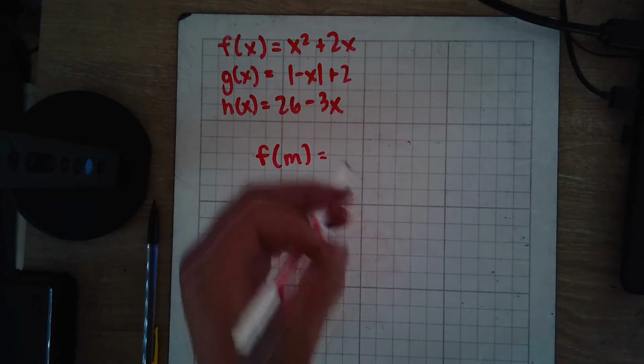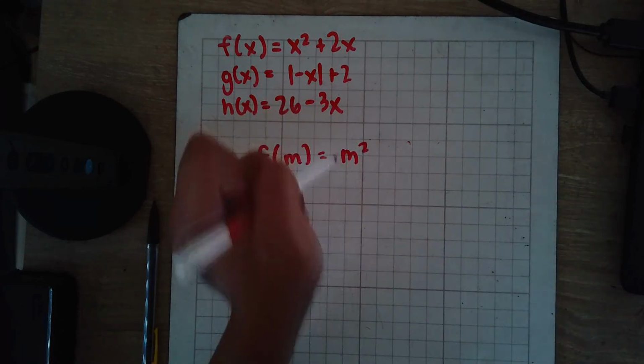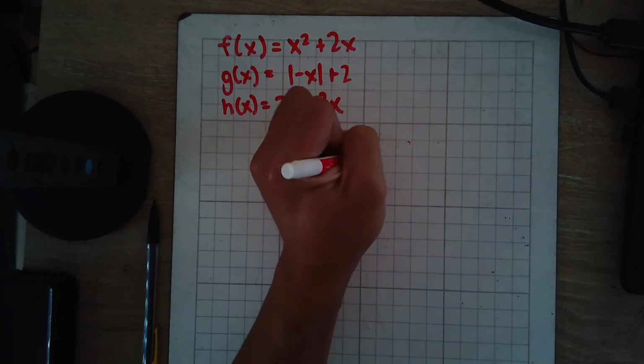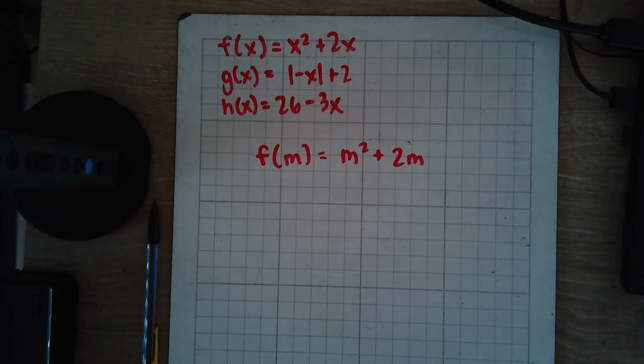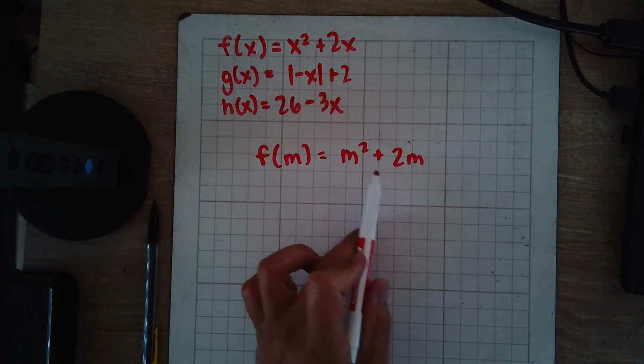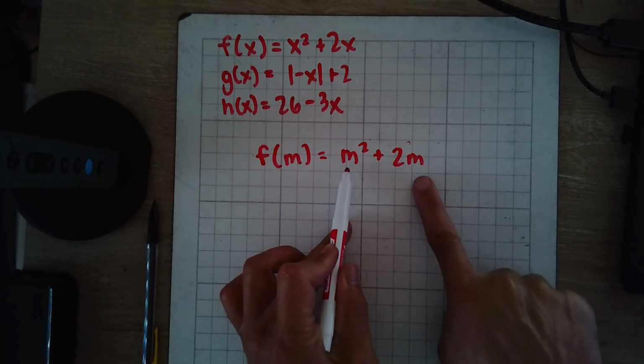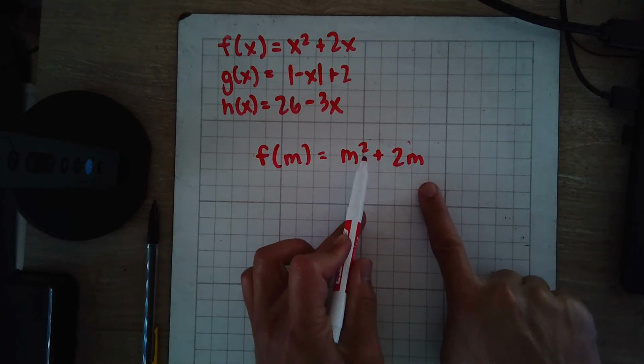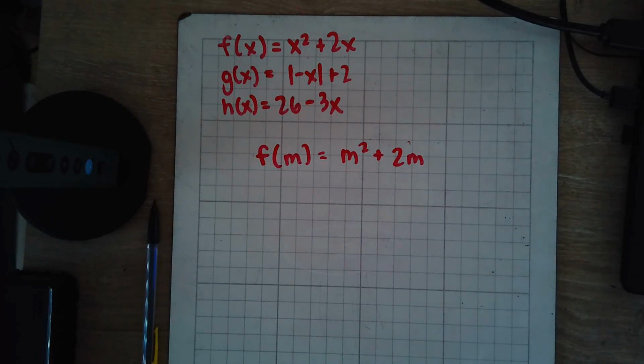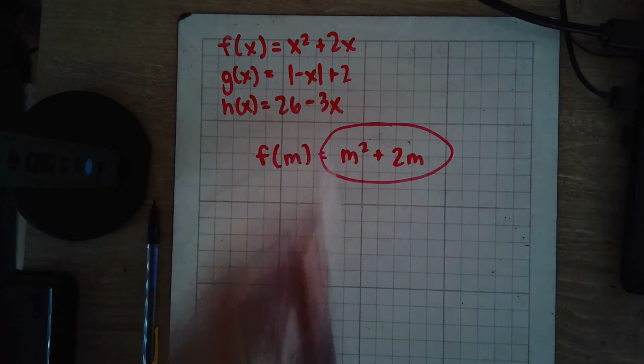This would just be m squared plus 2 times m. And then we can't combine these because they aren't like terms. They do have the same letter, but remember we need the same exponent as well. So this is your answer for number 25.